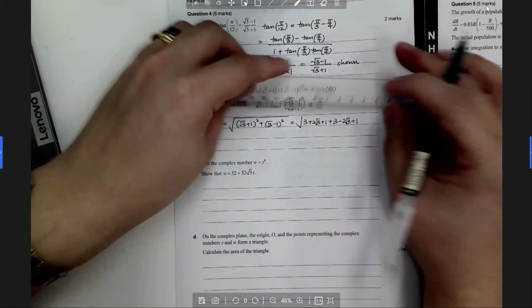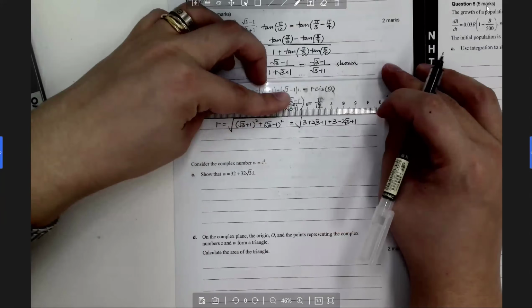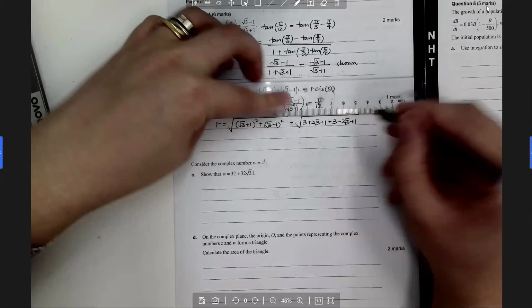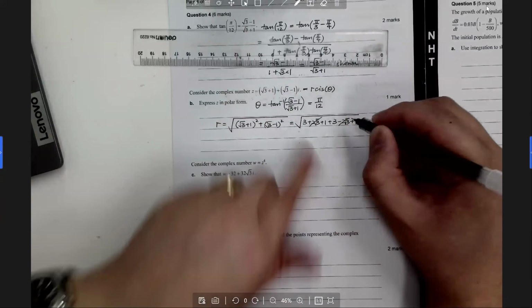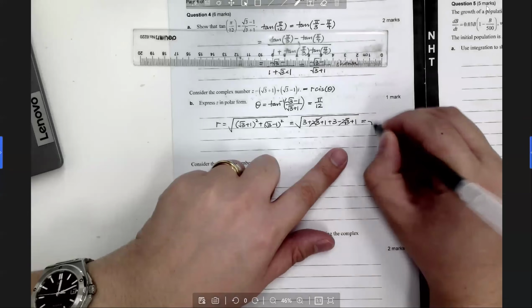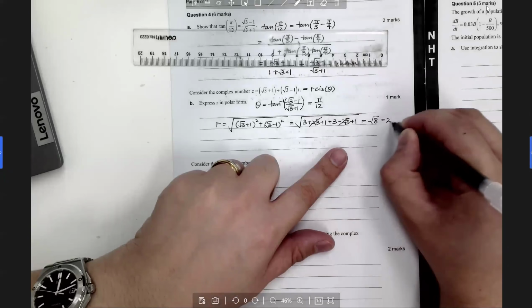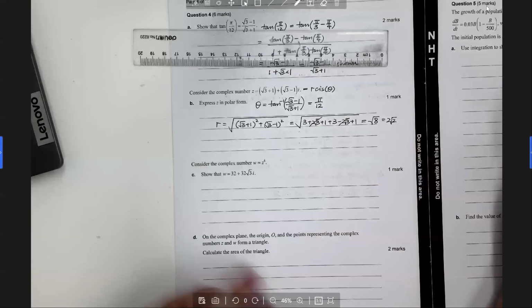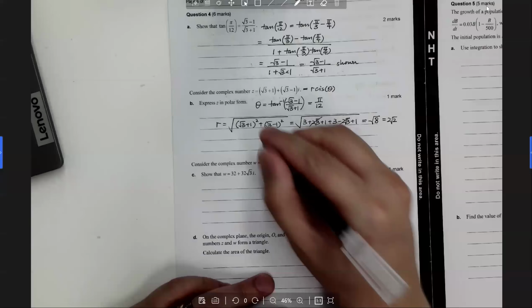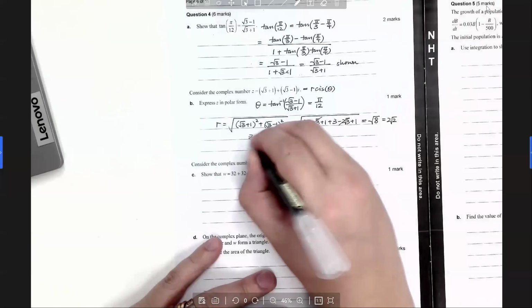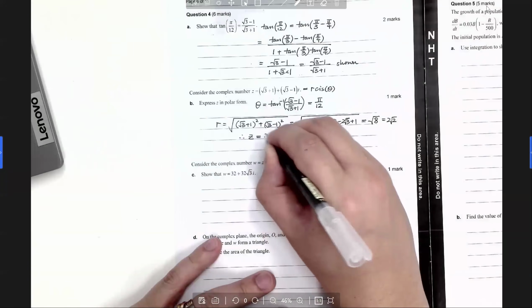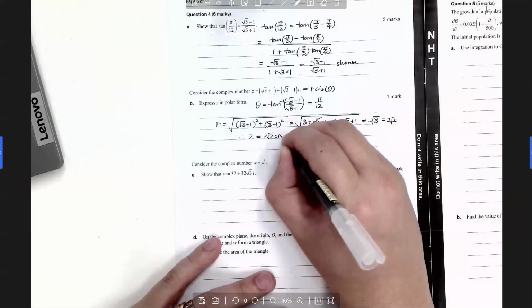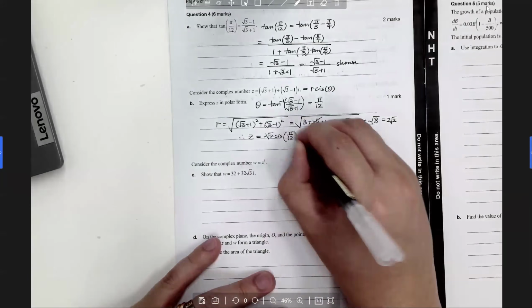And then I just cancel everything out. Cancel, cancel. So altogether, you have a square root of 8, or 2 root 2. So just be mindful, you need to answer the question. For example, your z should be expressed as 2 root 2 cis pi over 12, okay?